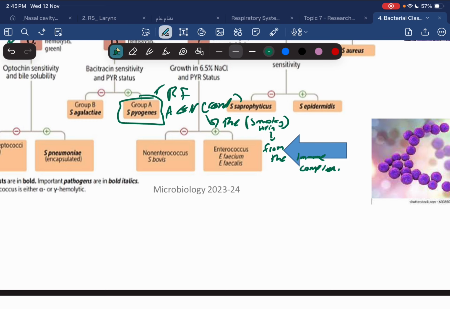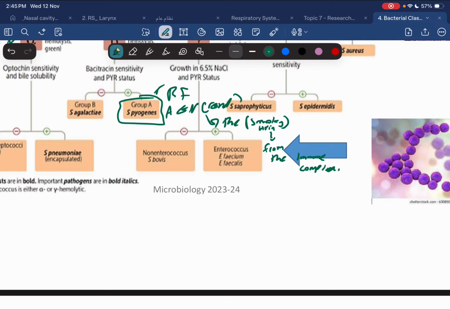So it's important to understand the pathogenesis of the bug, the mechanism, the toxins, and the sequelae, as they are important in terms of management. That really comes in handy.